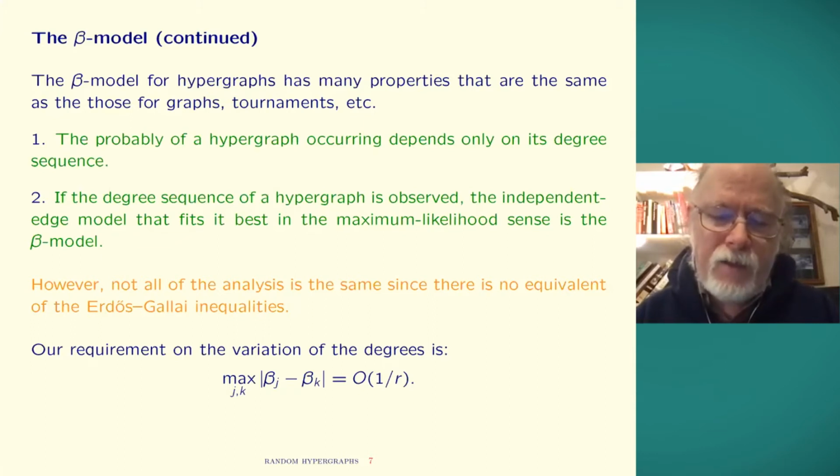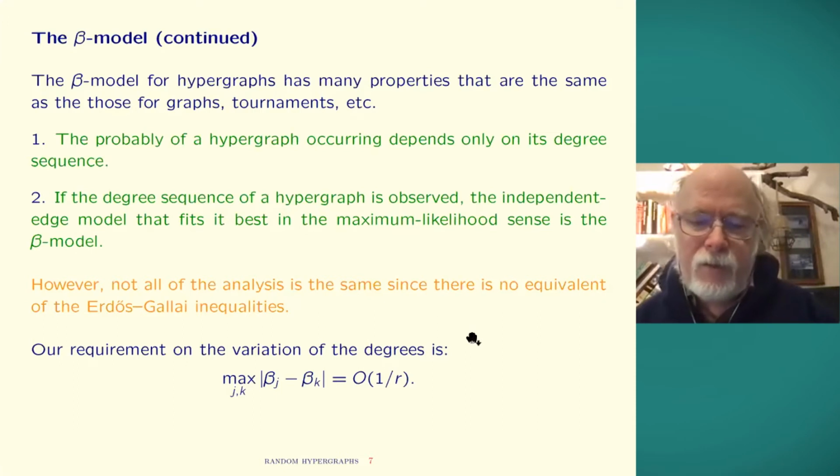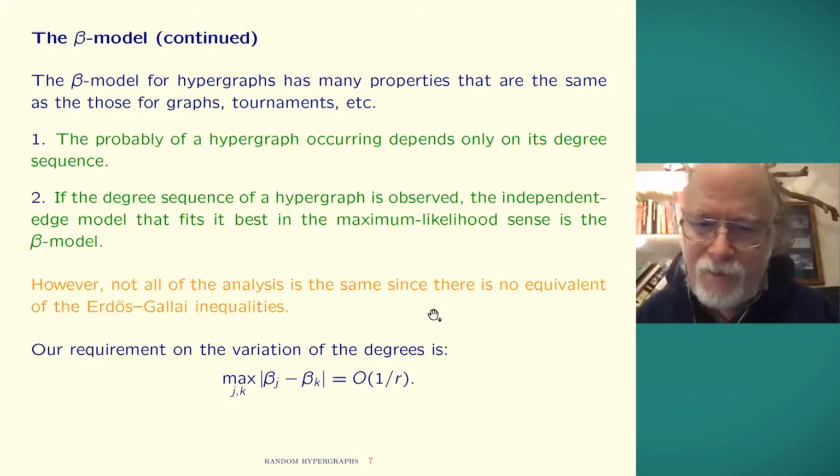As the degrees become different from each other, the betas become separate as well, and we want the maximum difference to be big O of 1 over R. This is not completely satisfactory as a theorem condition because the betas are the result of solving some nonlinear equations in n dimensions. So people want to know whether it actually applies in their circumstance.